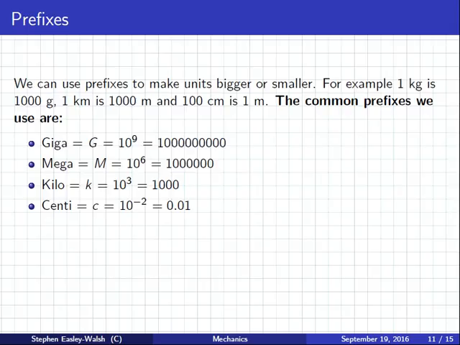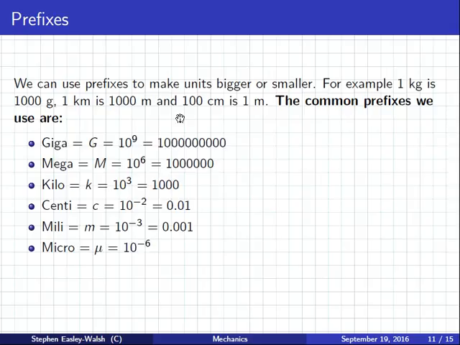Right, so now we're getting smaller. So, what's after centi? What's next? Milli, which is an M, minus 3. Next, micro. What letter is micro? Mu. And how big is it?